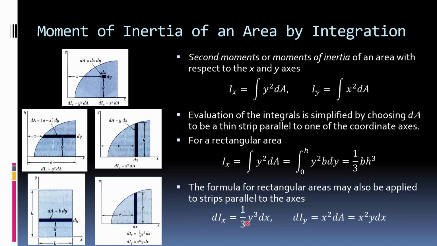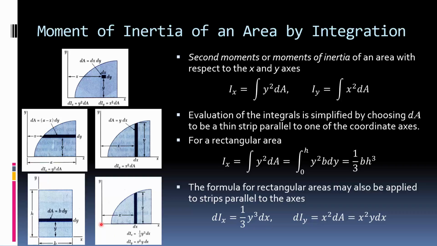Now let's look at this right here, the Ix. So this is your answer. dIy is that, so you can integrate through, and you have Iy is the integral of x squared y dx, or the integral of x squared dA. But let's look at this, dIx. Is this point here a constant distance from the x-axis, within this strip? Is it all maintaining a constant distance? Well, it's definitely not.